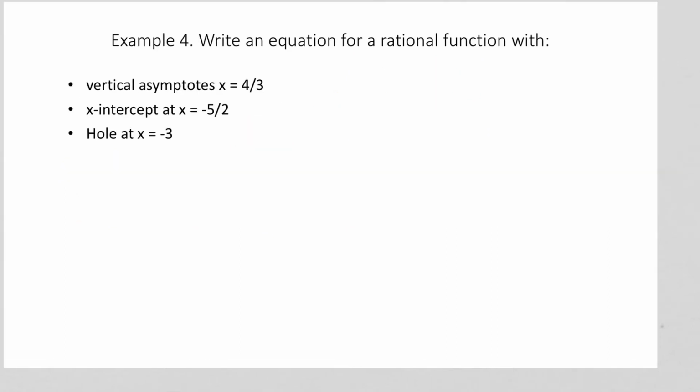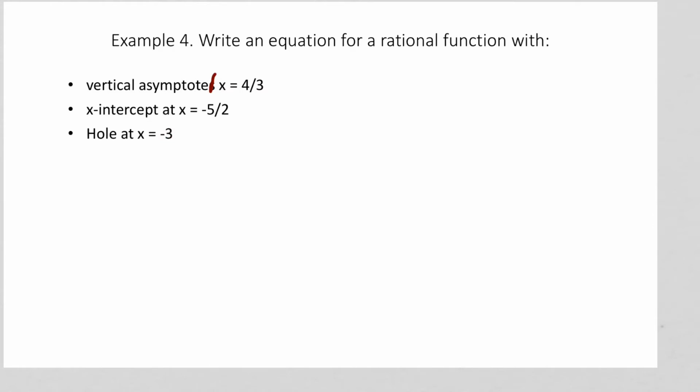All right, so here's another example. Write an equation for a rational function with a vertical asymptote at x is equal to 4/3, an x-intercept at -5/2, and a hole at x is equal to -3. Okay, so let's set it up.